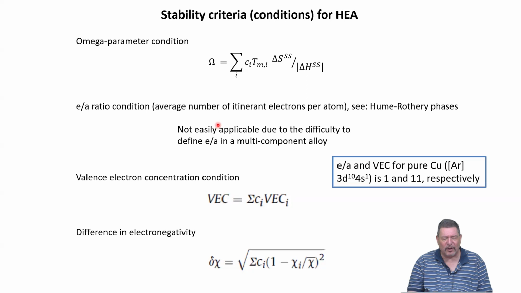Yes, but they are not counted for the E/A, but they are counted for the valence electron concentration, because there you count all the electrons: there is 1 s electron, a 4s, and there are 10 d electrons, the 3d10. And so valence electron concentration gives you for copper an 11, and the E/A ratio condition gives you a 1.